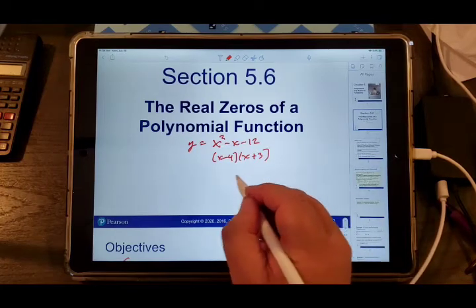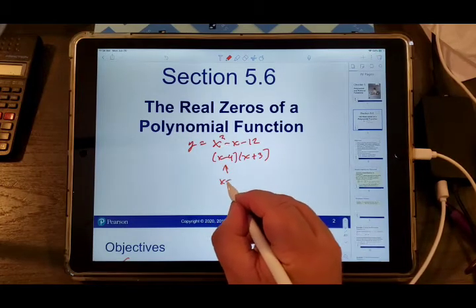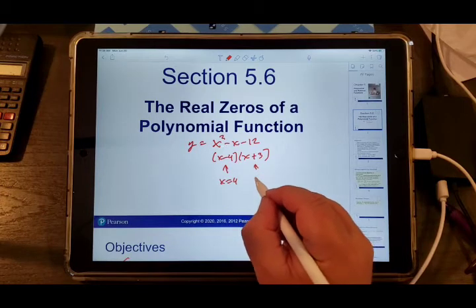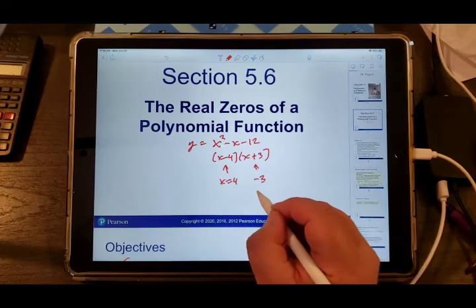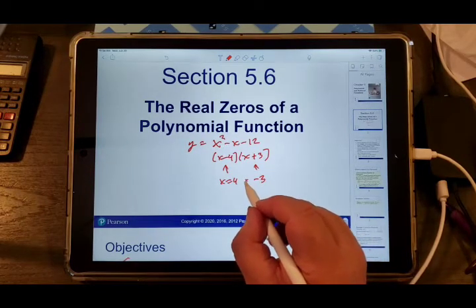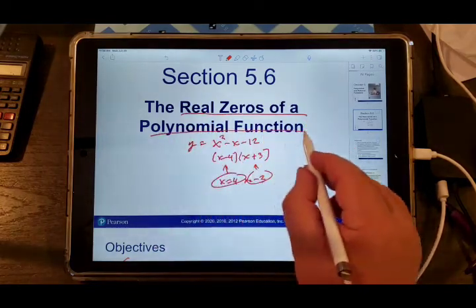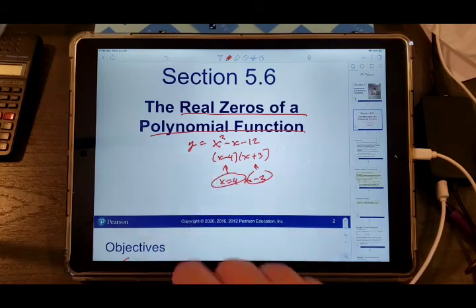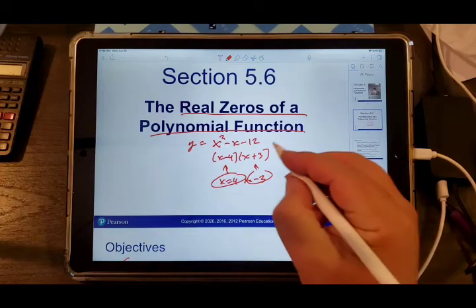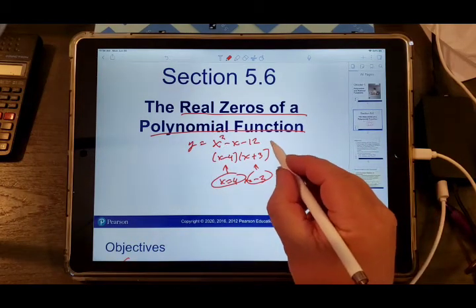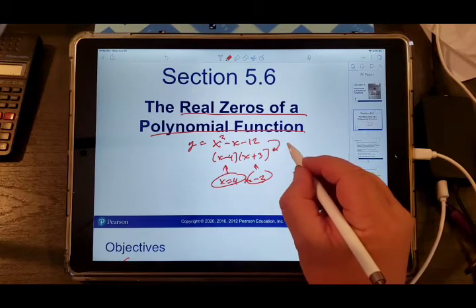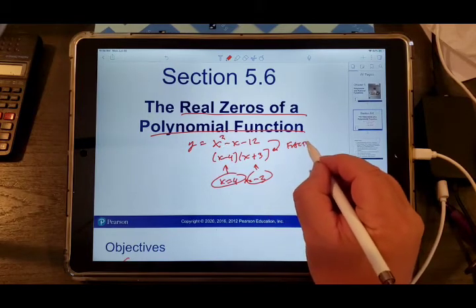You set each factor equal to 0, and you'll find out that 4 is a 0 and negative 3 is a 0. That is finding the zeros of a polynomial function of degree 2. And so what I'm saying is our number one rule, and it's still true, is to factor.